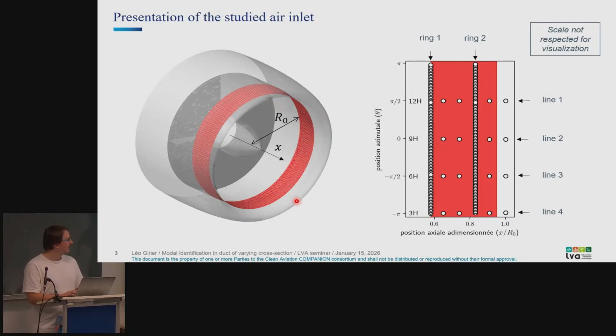And if I show it in a plane, a Cartesian plane on the right-hand side, where I didn't preserve the scale between the azimuth and the axis for sake of visualization, you can see how the microphones are located, which is a constraint. It was designed in the project as is. So there is basically two rings of microphones distributed azimuthally, along the circumference, and 4 lines of microphones.